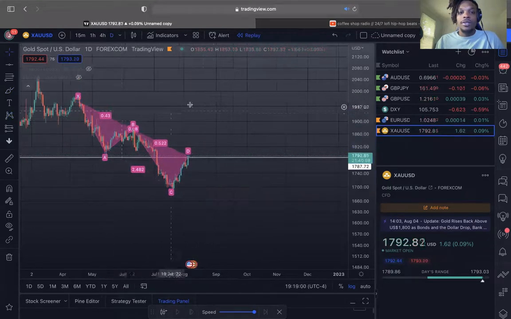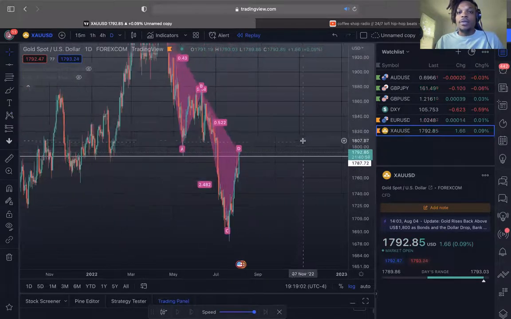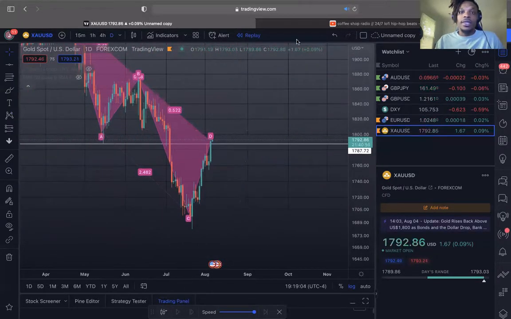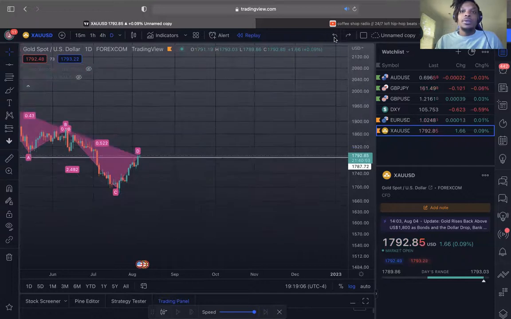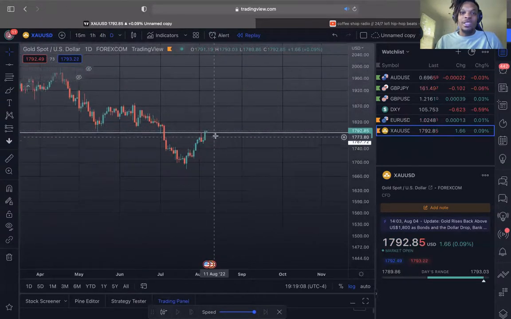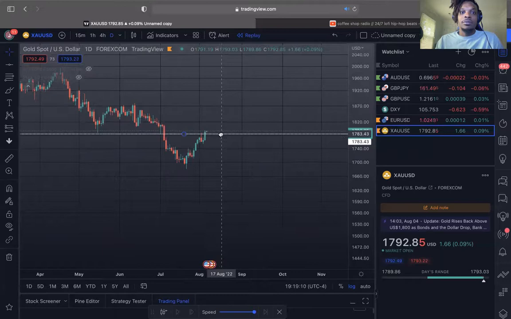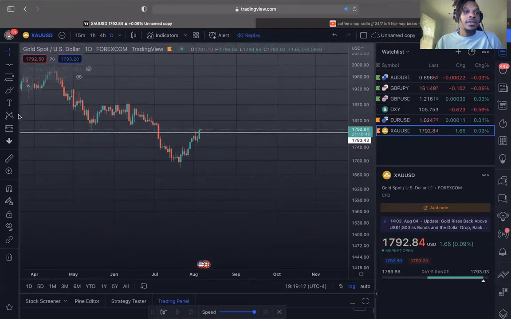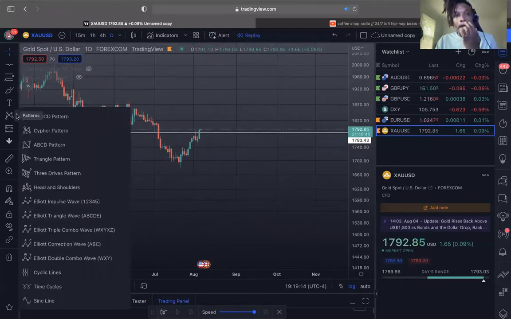You have this harmonic pattern. I don't really use harmonic patterns, but that can happen, just to sell off into this zone right here. I'm sorry, guys.